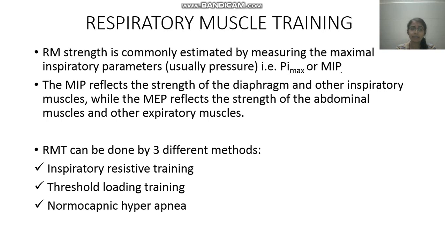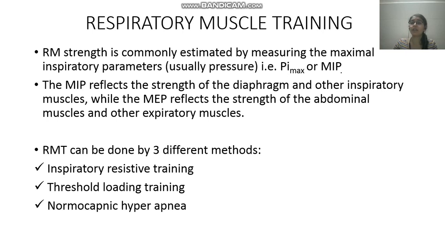RMT can be done by 3 methods. Inspiratory resistive training, that is you attach a load on your diaphragm. You give them a TheraBand around the lower chest wall where the diaphragm acts the most, or on the external intercostal muscles you tie the belt, etc. Here you give them resistive training, as we do for the peripheral skeletal muscles, you overload the muscles and train them.